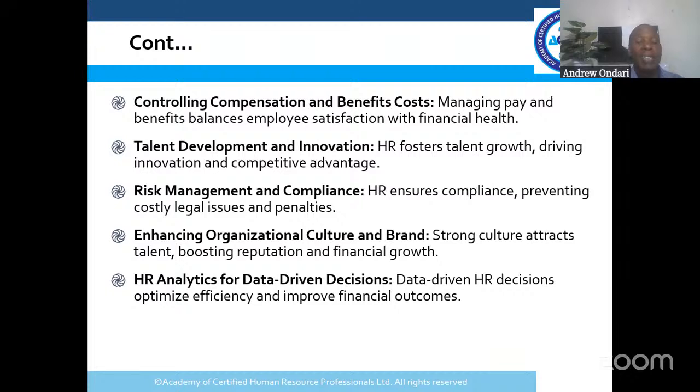And lastly is HR analytics, because we are living in a data age where we make decisions based on real data, and not just real-time data. We use various tools to collect, analyze, interpret, and present data, for example, AI.